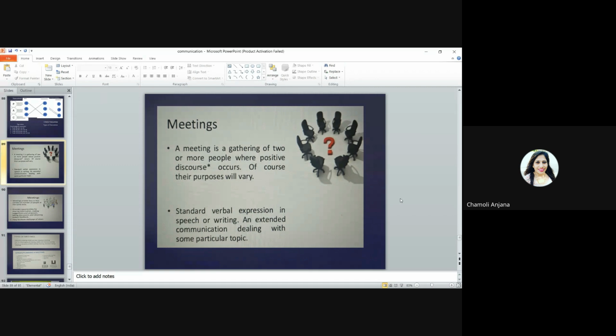It can be a discussion over a certain topic, or just to pass on information to others, or maybe there is some problem existing for which they try to find a solution. So basically, a meeting is a gathering of a few people wherein there is an exchange of information taking place, and the meeting happens for a purpose. There is an objective of a meeting, so there is a reason why the meeting takes place.